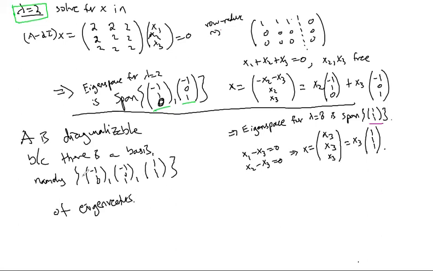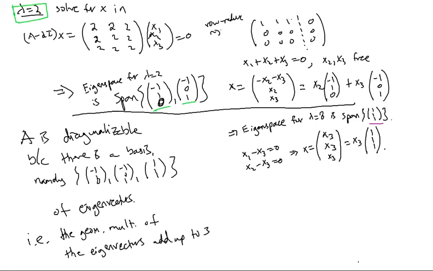There's other things you could say for why it's diagonalizable. Another way to say this is the geometric multiplicities of the eigenvectors add up to n, so I'll write that down. The geometric multiplicities of the eigenvectors add up to 3.